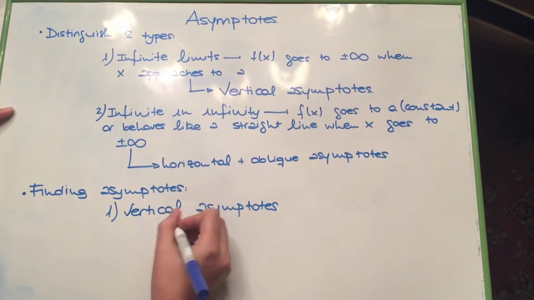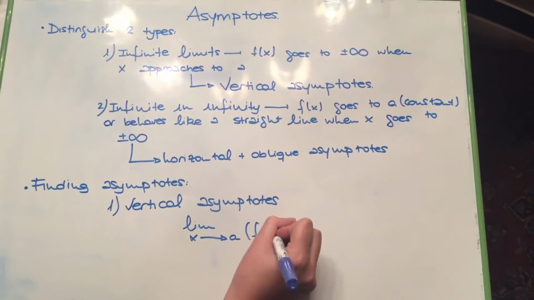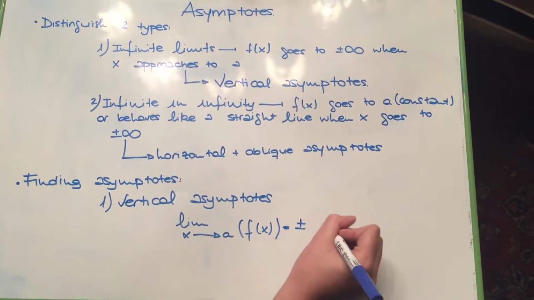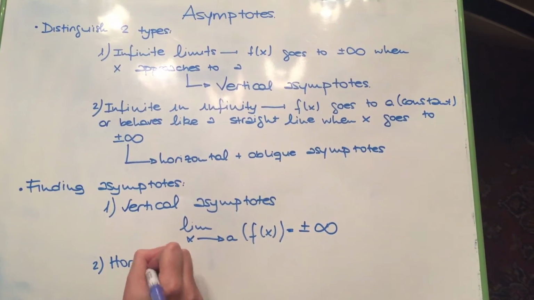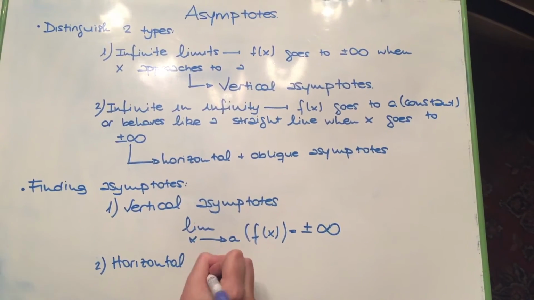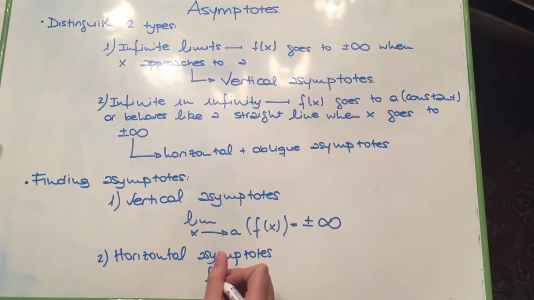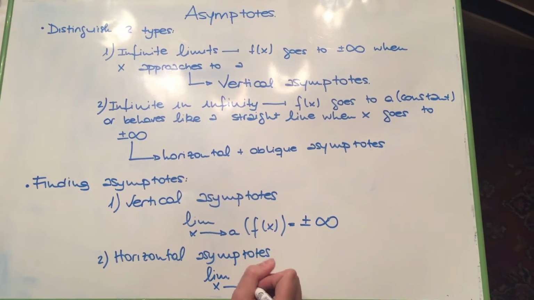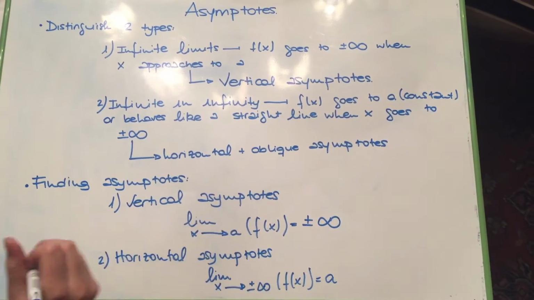And lastly, the limit as x goes to plus or minus infinity of f of x minus mx, where m is the slope, equals b. The asymptote is y equals mx plus b. That is the last step to find the oblique asymptote.